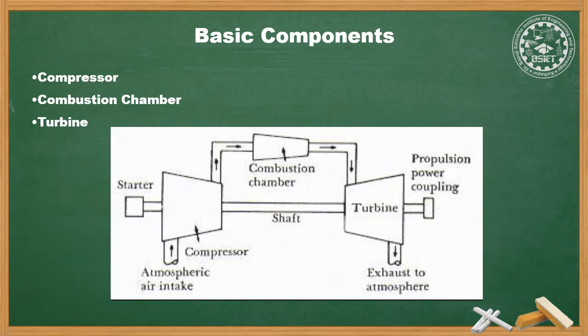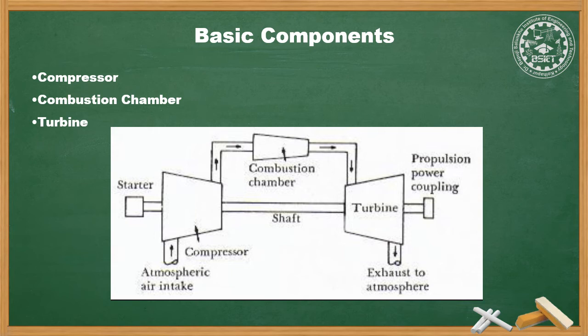The figure shows an open type gas turbine consisting of a compressor to compress the atmospheric air, a combustion chamber to burn the air and fuel mixture, and a turbine to produce the mechanical work.